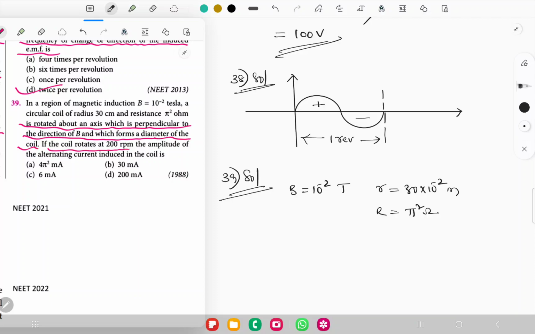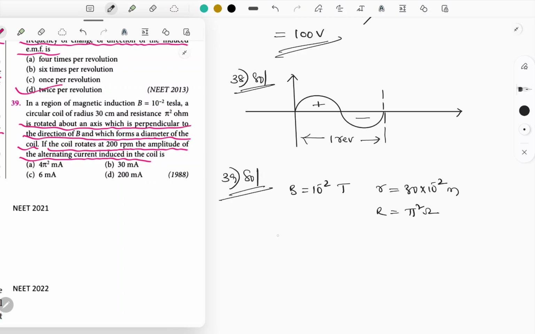If the coil rotates at 200 rpm, the amplitude of alternating current induced in the coil. Okay. The formula for induced EMF is equal to B A N omega. This is the maximum value of induced EMF.